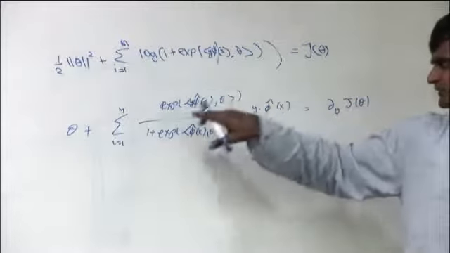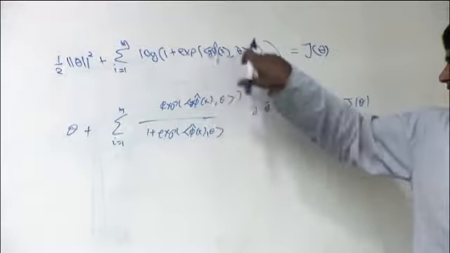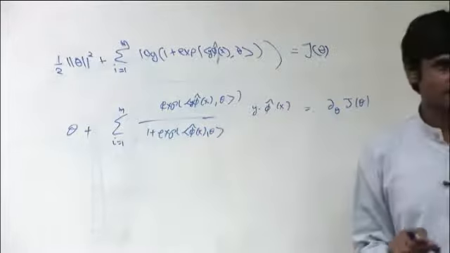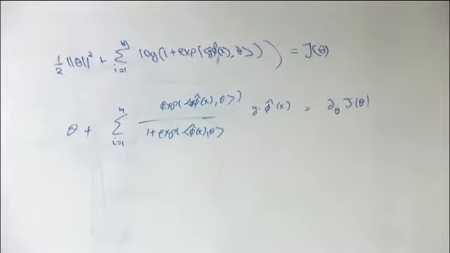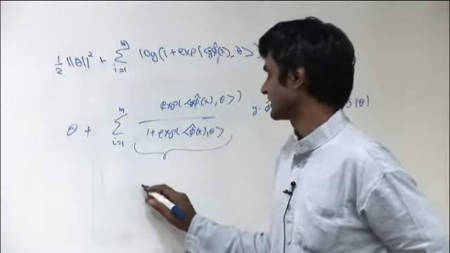So log is 1/x, and then 1 plus exp, and then the gradient of y times phi hat times theta is y times phi hat. Okay, so just chain rule. Now look at this quantity. What can I rewrite it as?